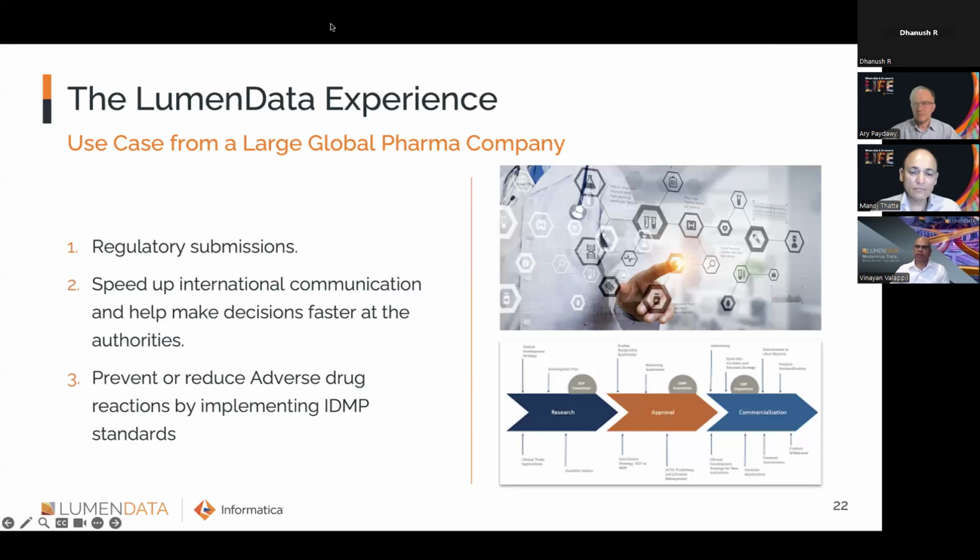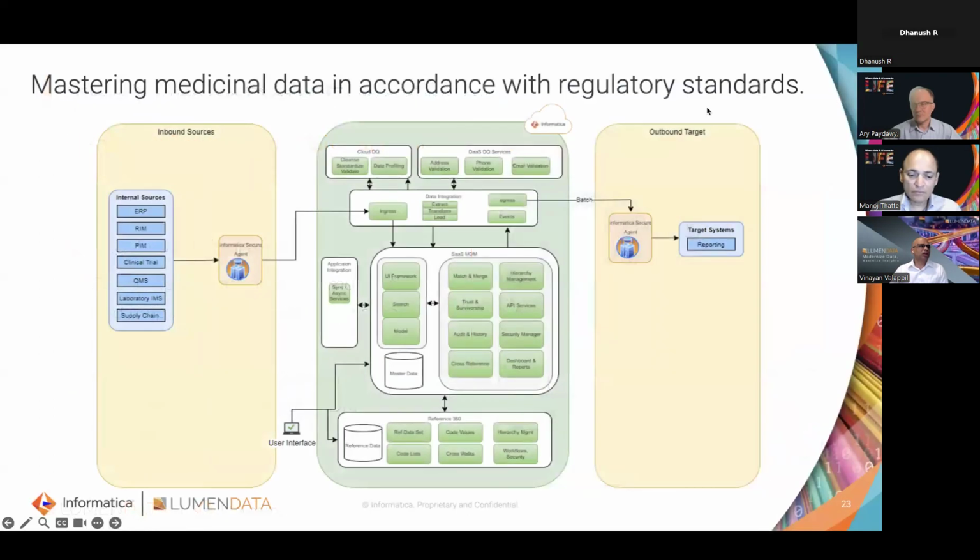Adverse drug reactions cost a lot for pharmaceutical companies, and setting up an IDMP standard will significantly reduce it because they are applying traceability, data management, etc. So these are the three primary use cases. The first being the main one, and the second to speed up international communication and drug awareness. I will go to how we did it, right?